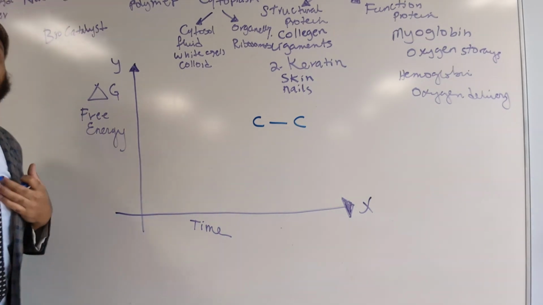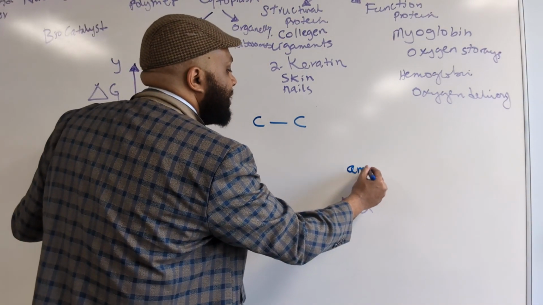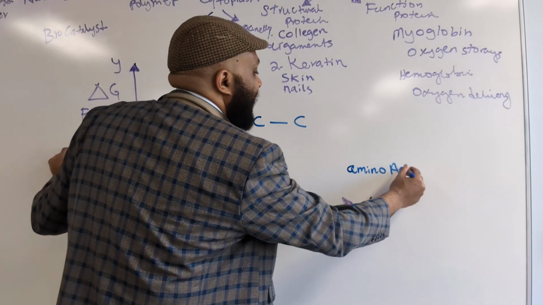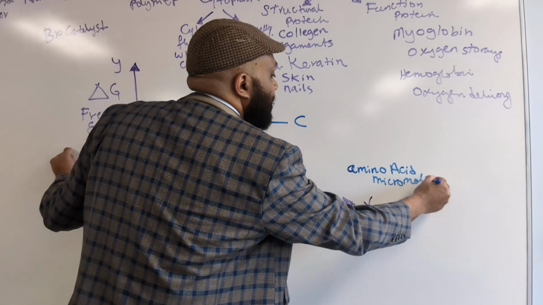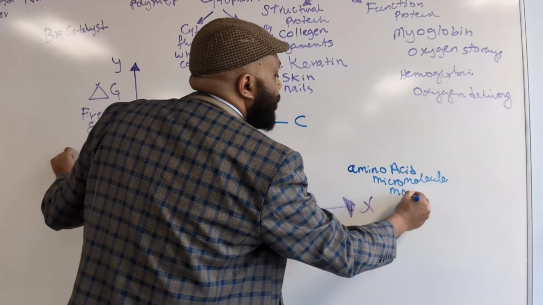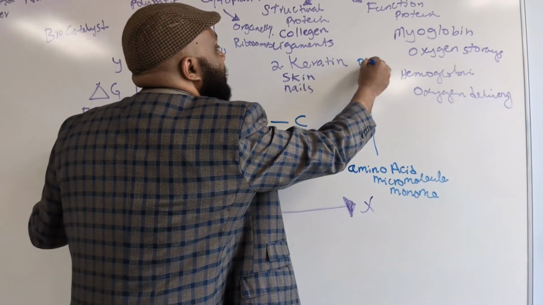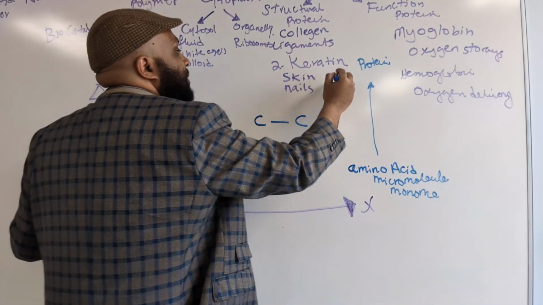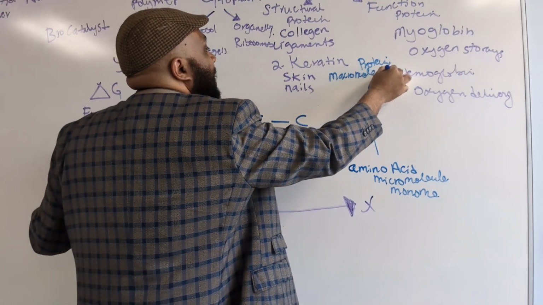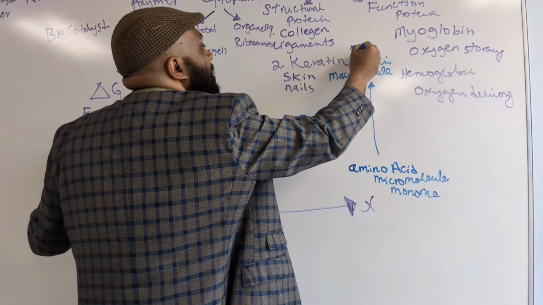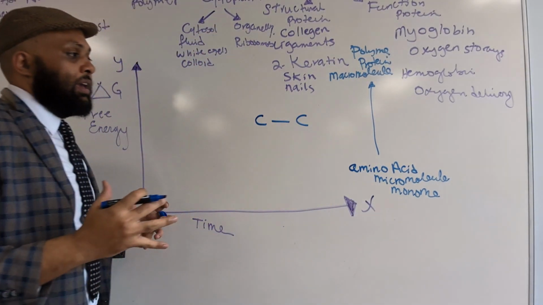So if I am building up, if I'm going from an amino acid, a micromolecule, a monomer, up to a protein, which is a macromolecule, a polymer, I am saving energy.